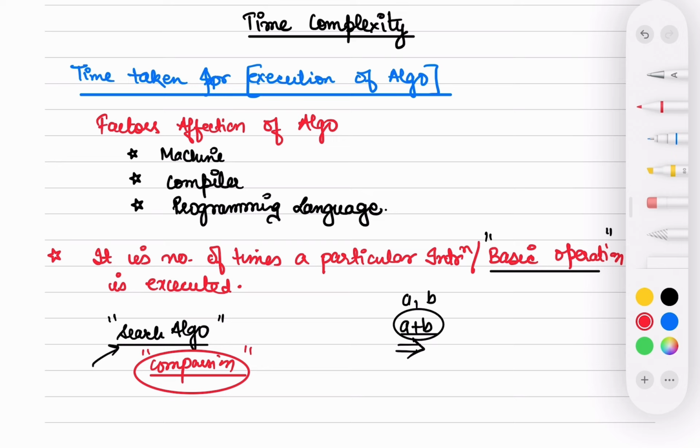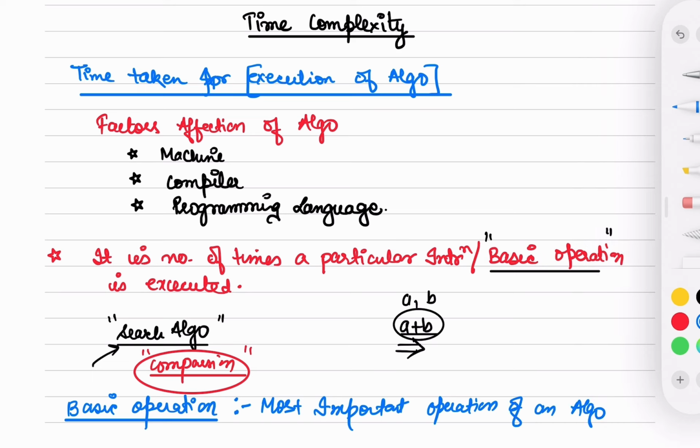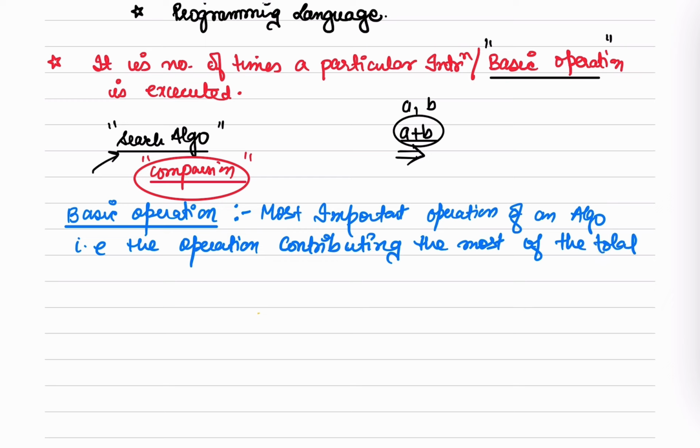Are you understanding this? If you want me to write what I mean by basic operation, though it's not a universal term, it's just my way of understanding things, I can write that it is the most important operation of an algorithm, that is, the operation contributing the most to the total running time.